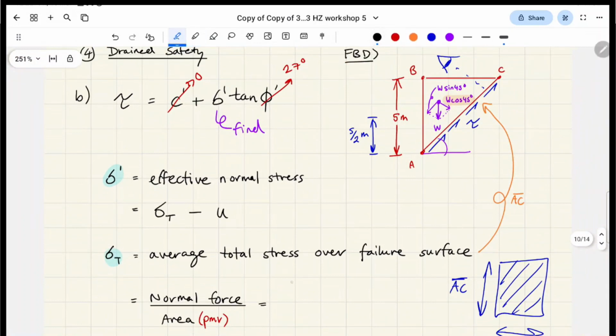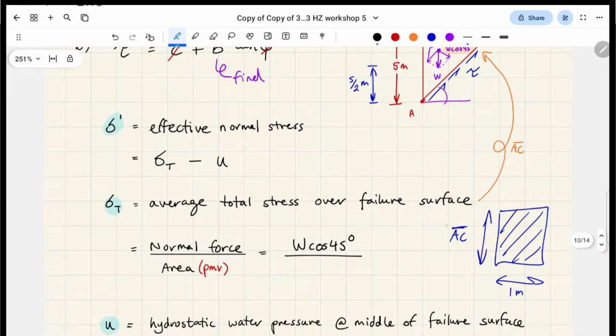That's our normal force. In terms of area, it's going to be the area of this failure plane. We're not going to include the 1 meter, it's just going to be AC. That gives us that the normal force is 27.5 kPa.